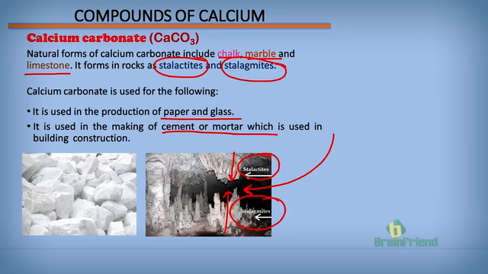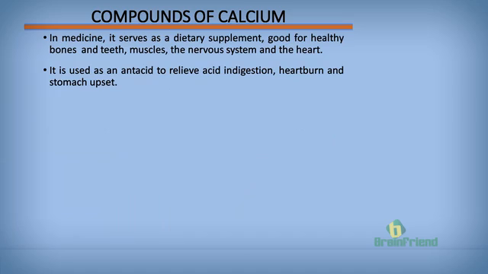And of course, we know how important cement is in building. In medicine, calcium carbonate serves as a dietary supplement, good for healthy bones and teeth, muscles, the nervous system, and the heart. It is also used as an antacid to relieve acid indigestion, heartburn, and stomach upsets.